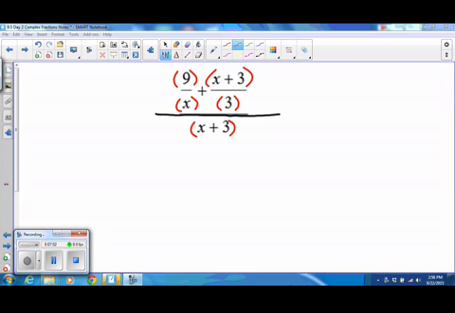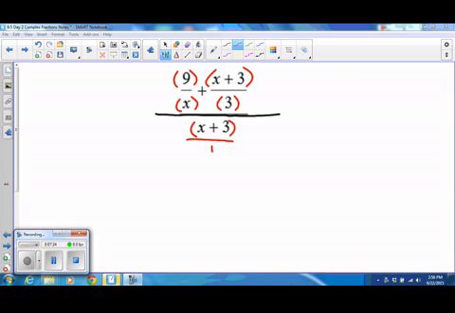Okay, so I need to figure out what my greatest common factor is, I mean, what my common denominator is. Yes, 3x. Because what is my denominator right here? It's just 1, right?